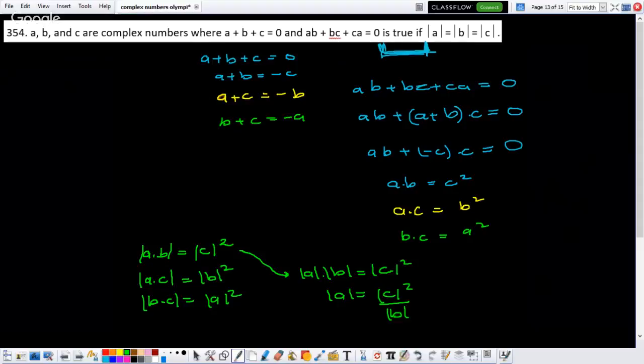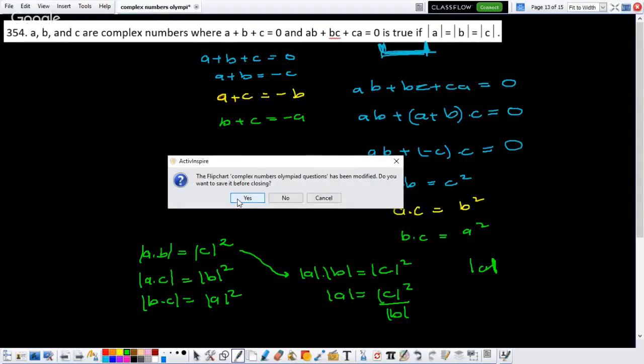And okay, then I found A modulus is equal to C squared over B. And here I'm going to get from the second one, yes, when I change something, it's having a problem. Now I'm going to close this one again. I'm going to reopen.